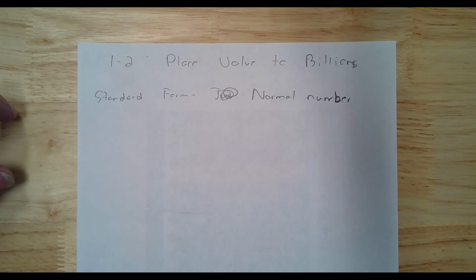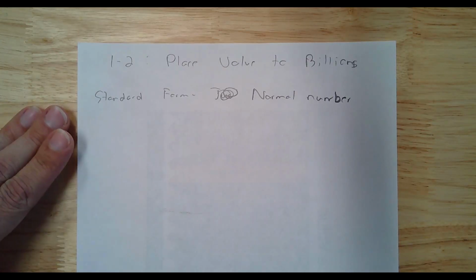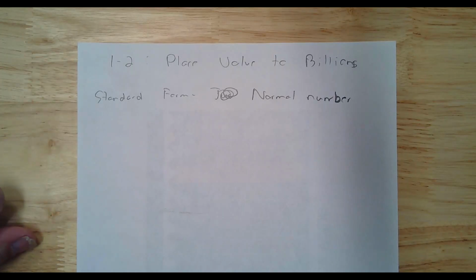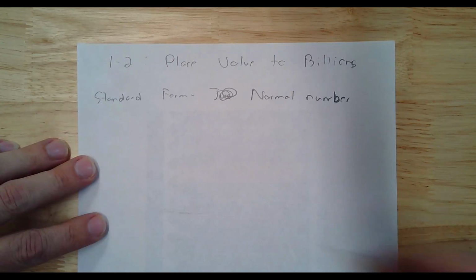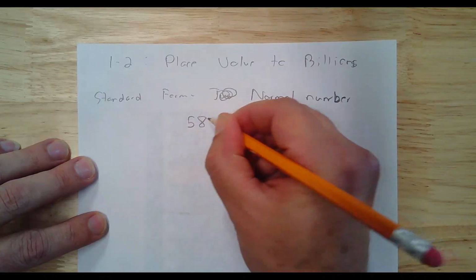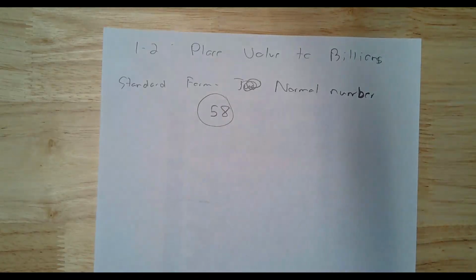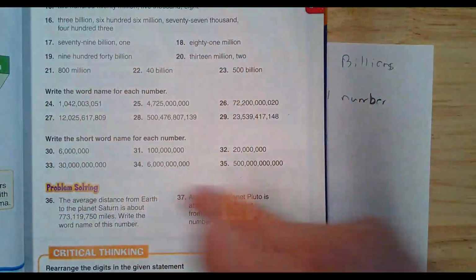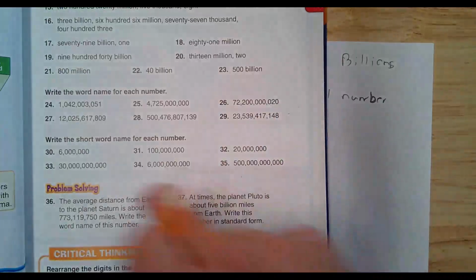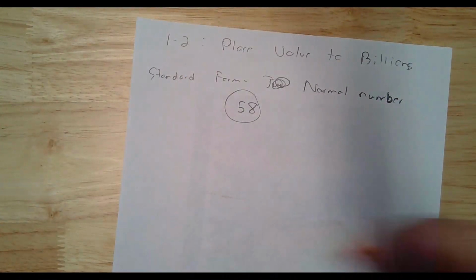If I said 58, and I said, write 58 in standard form, well, you would just write 58, right? That's in standard form. That's how we're most familiar with seeing numbers. So all these numbers here, these are all in standard form.